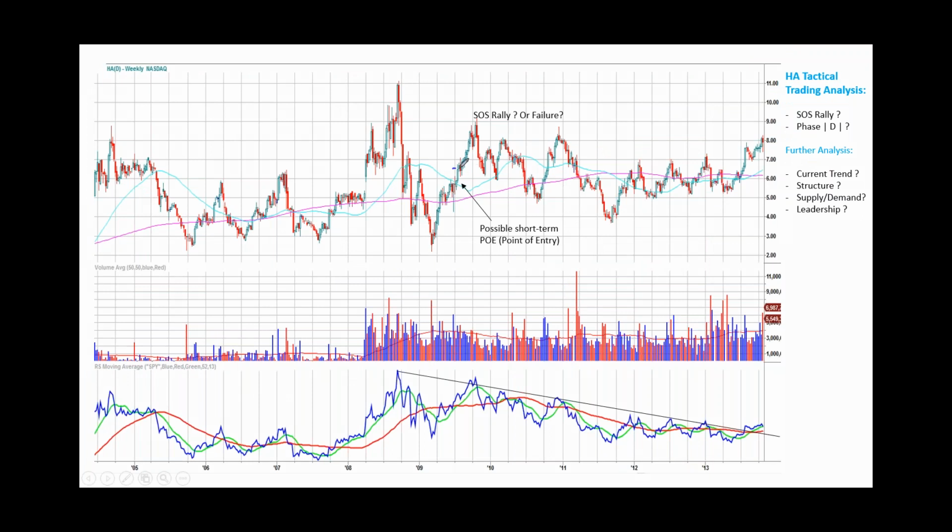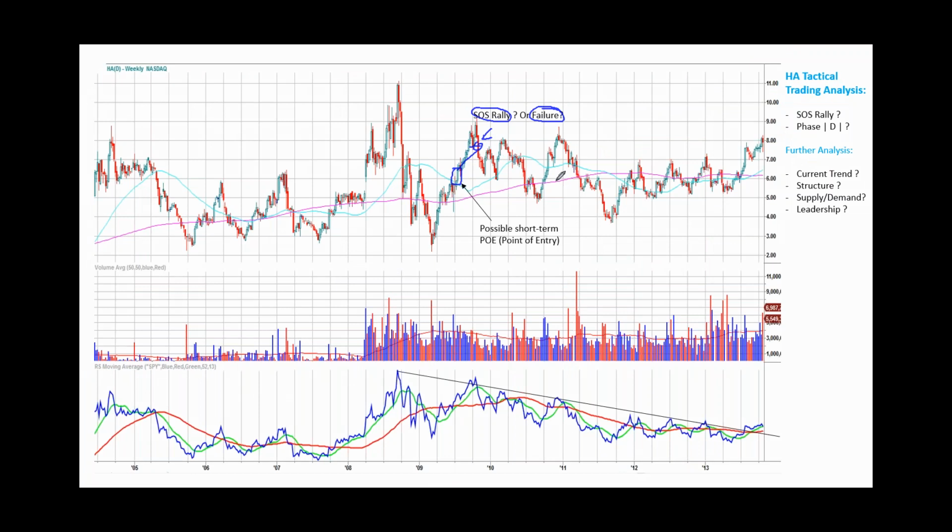So if we open a position right here, again, our thinking here is that we can have this short-term trade, and we would be just waiting for either a failure or a sign of strength rally. Now, right here at this point, this is the failure, this is the reversal. So this would be the trade. It's not the best trade that we would be hoped for, but it's a good trade.